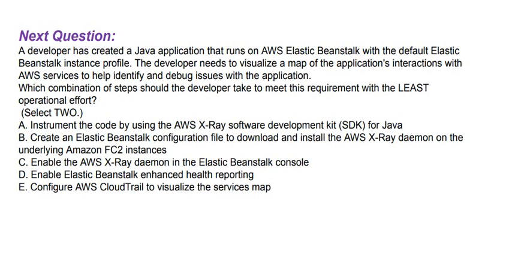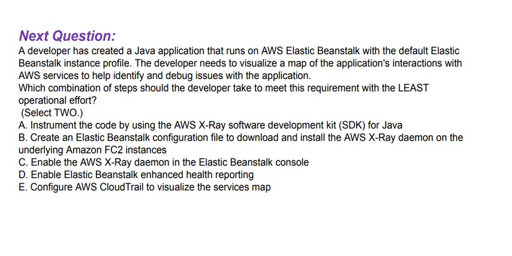Option A. Instrument the code by using the AWS X-Ray Software Development Kit for Java. Option B. Create an Elastic Beanstalk configuration file to download and install the AWS X-Ray daemon on the underlying Amazon EC2 instances. Option C. Enable the AWS X-Ray daemon in the Elastic Beanstalk console.